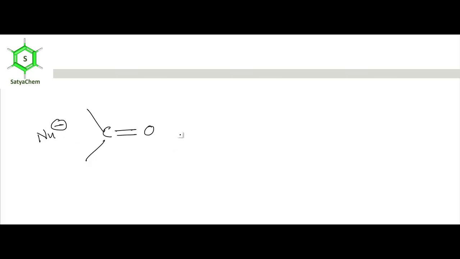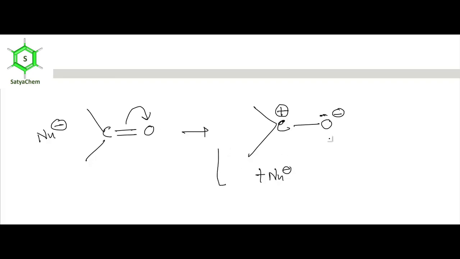Then the two pi electrons of the carbon oxygen double bond get completely transferred to the oxygen atom. Then carbon becomes positively charged and oxygen becomes negatively charged, and the nucleophile is in close vicinity of this positively charged carbon.